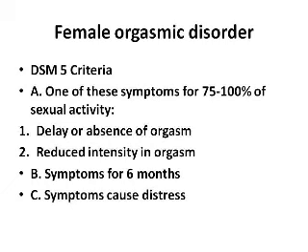So let's take a look at what the DSM-5 has to say about this. In order to diagnose this, first of all, one of these symptoms has to be present for 75 to 100% of the time that you have a sexual activity. It's either delay or absence of orgasm, or reduced intensity of orgasm.